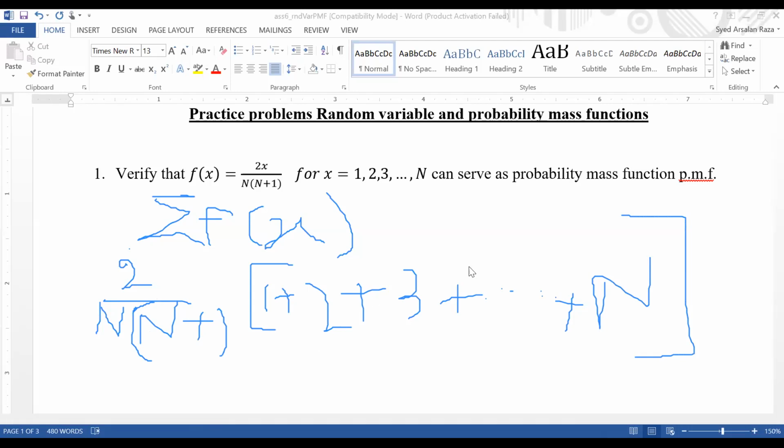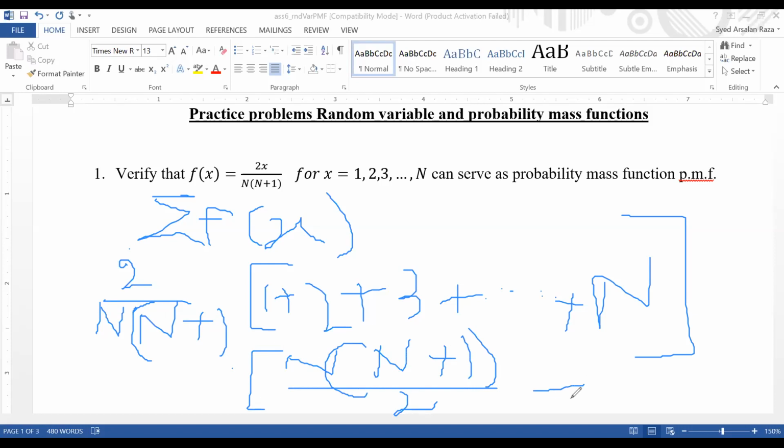This is from the chapter of sequence and series in mathematics, the formula for the sum of the first n natural numbers. So what we have is n into n plus 1 divided by 2, multiplied by 2 upon n into n plus 1. So all things will be cancelled out, and as a result you have 1.